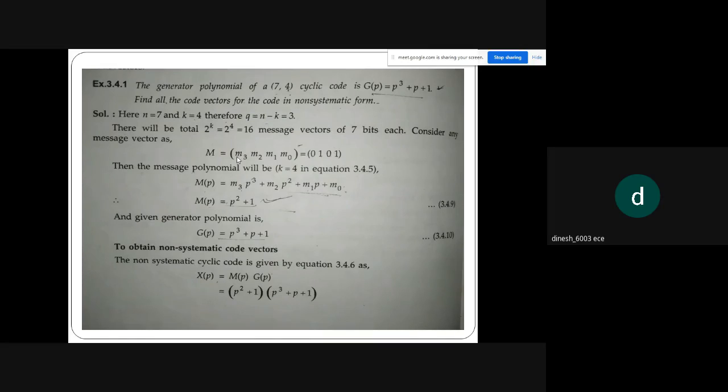So take that equation and substitute the value of k. What is k? We had seen that k is obtained from the question as k is equal to 4. So if you substitute k is equal to 4, we get 4 terms of the polynomial: m0 into p0, m1 p1, m2 p power 2, m3 p power 3.